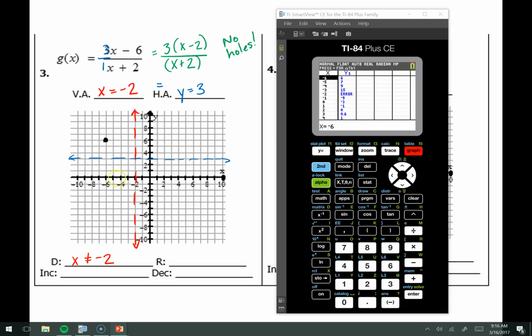And we've got negative 5, 7. And we can also do 4, positive 9 if you want. And that's going to give us a branch that looks like that for our hyperbola. Okay, looking down at the other side, I've got negative 1, negative 9, and 0, negative 3, and 1, negative 1. So that gives me roughly that branch.